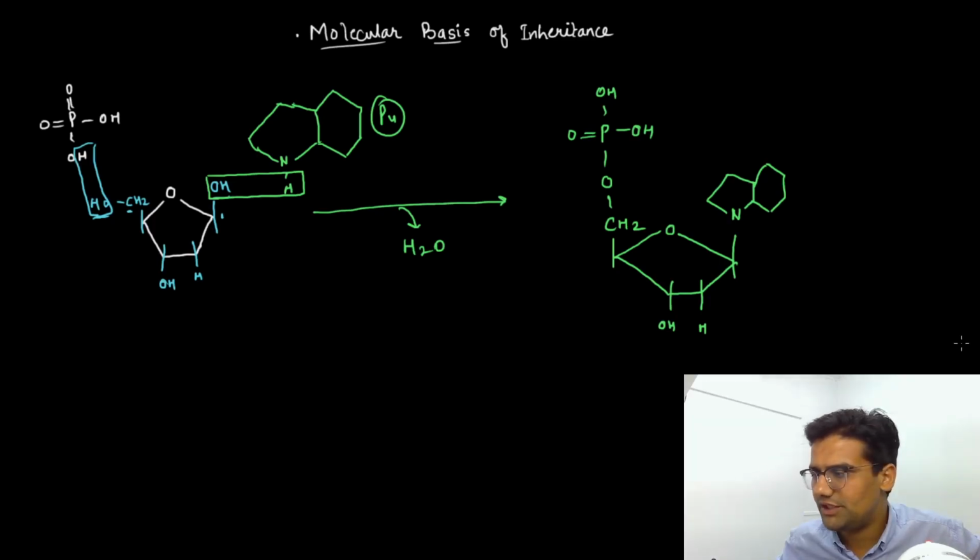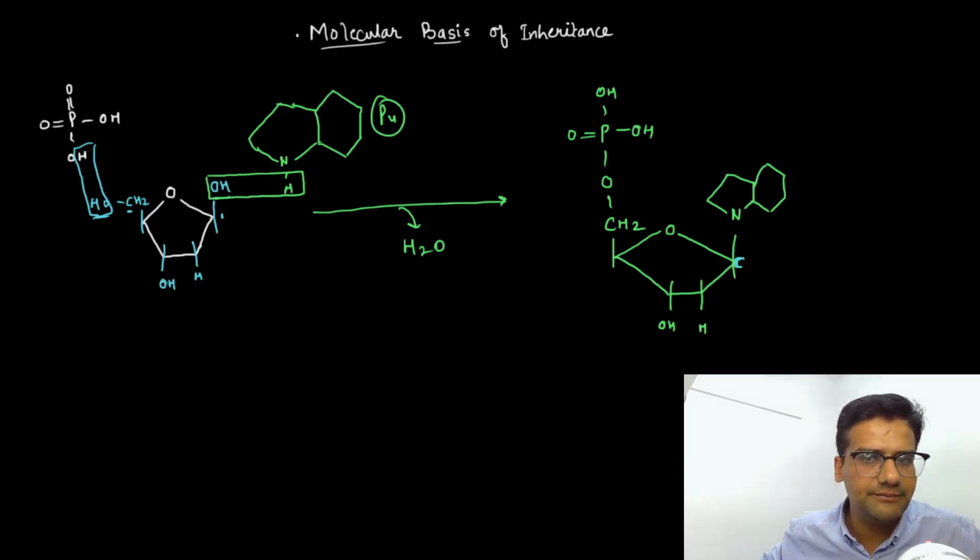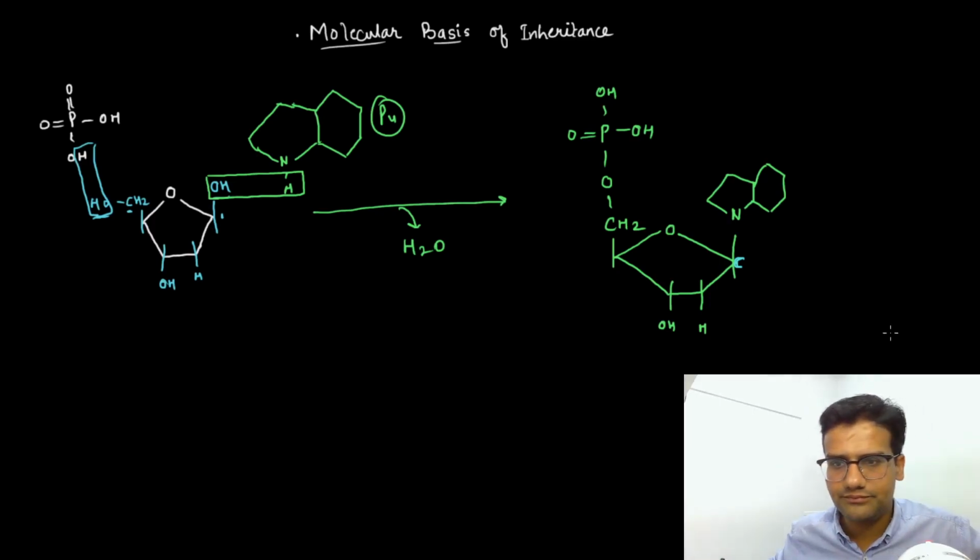If we talk about the complete nucleotide structure, this is the carbon atom, this is the nitrogen, and again there will be a carbon atom.